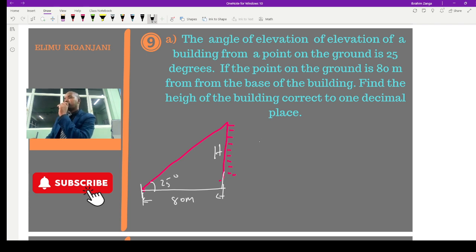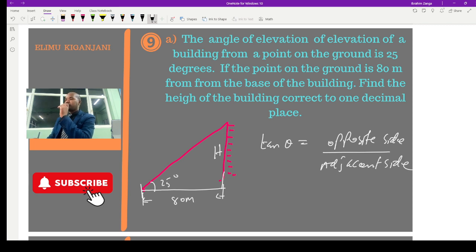We are going to use the concept of tan. So I'll be saying that tan theta is always opposite side over adjacent side. I'll be saying tan 25 degrees equals the opposite side, that is h, over 80 meters.